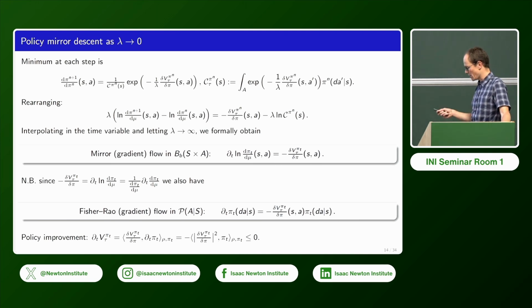So if I send lambda to infinity, I'm sending my step size to 0, and so I would at least formally expect to get this kind of gradient flow, that's the gradient flow for log densities. And you can show that this has a solution under assumptions, such as bounded cost, etc.